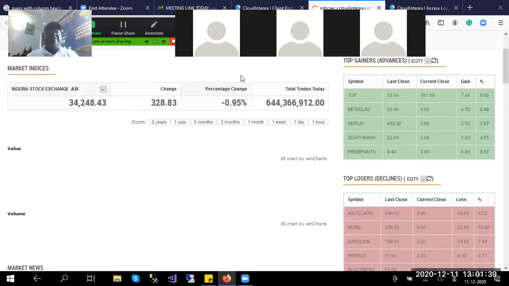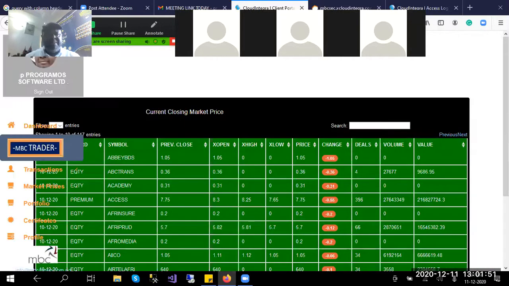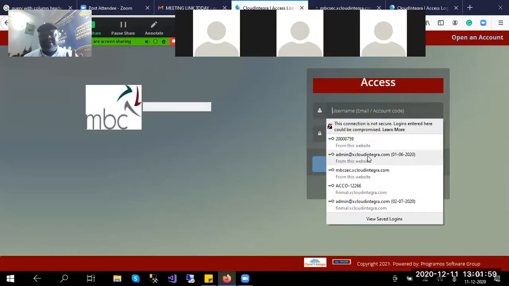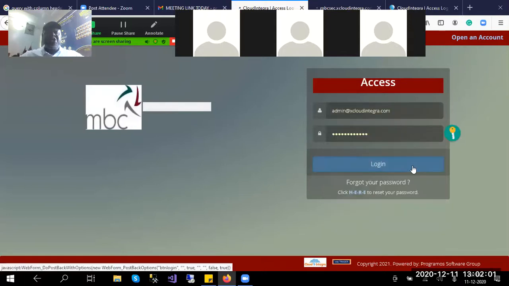So I think maybe for now, this has actually covered the general operations of Cloudintegra as it has impacts on capital market generally and at the point of trading. And if I go back to the GL, I sign out here. If I go back to the GL, you now realize that so many things are happening even as your operation is building up.